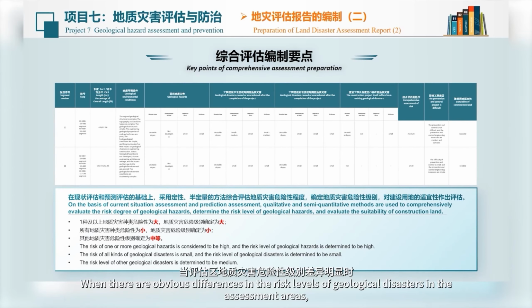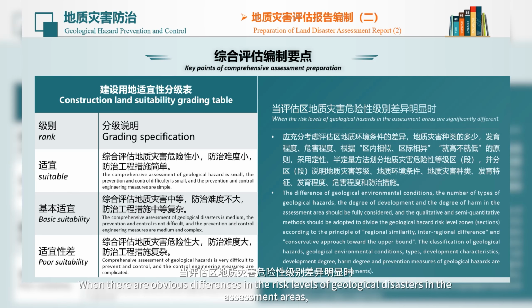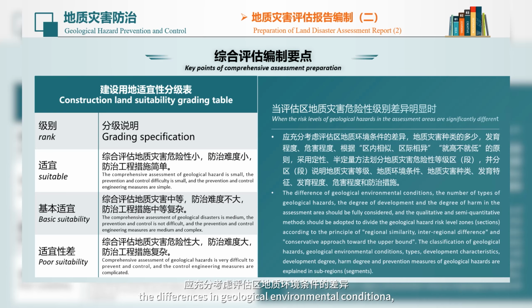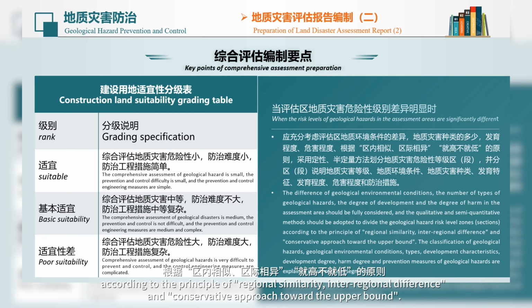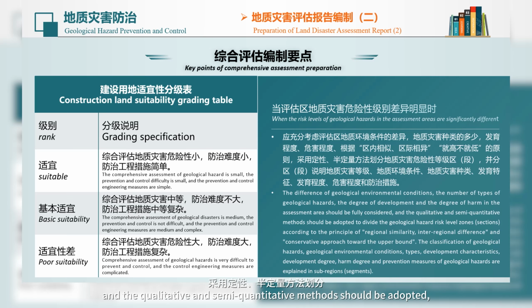When there are obvious differences in the risk levels of geological disasters in the assessment areas, the differences in geological environmental conditions, the number of types of geological disasters, the degree of development, and the degree of harm in the assessment areas should be fully considered, according to the principle of regional similarity, interregional difference, and conservative approach toward the upper bound, and the qualitative and semi-quantitative methods should be adopted to divide the risk levels of geological disasters into sections.